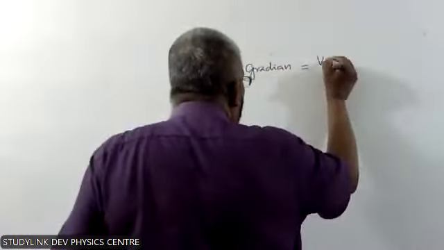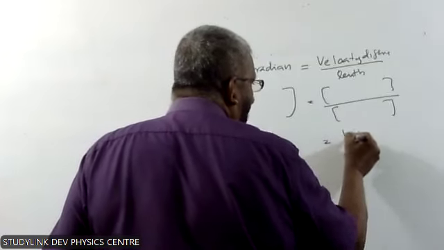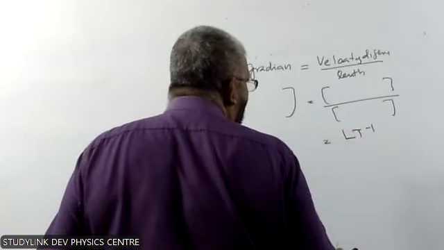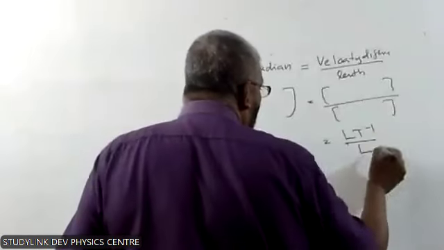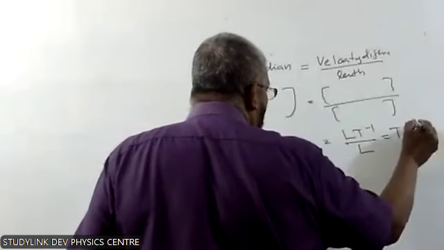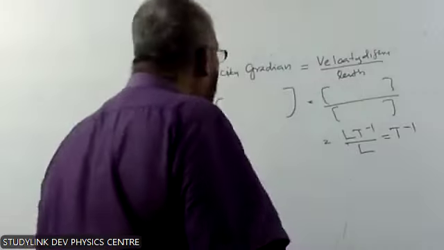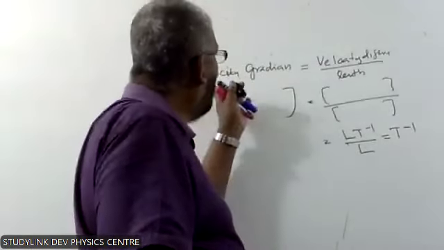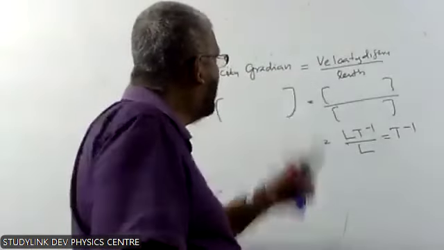Then you can find it easily, because the dimension of velocity gradient is equal to dimensions of velocity difference divided by dimensions of length. Velocity difference is velocity, LT minus 1, divided by L. Then the answer is T minus 1. Like that, right?